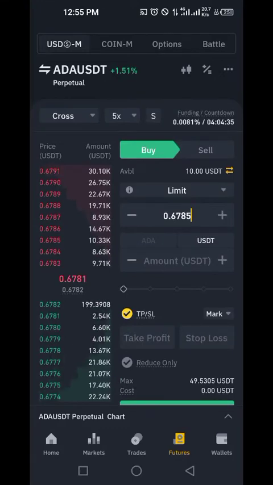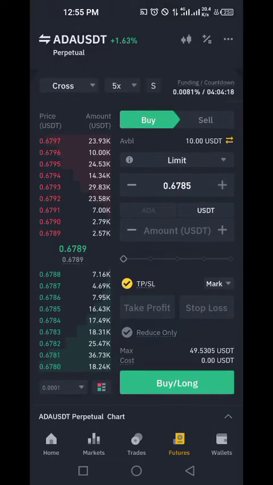So when you are on cross, it means that when you are trading an asset on cross, it will be trading with the total amount of the capital on your futures. For example, if I open a position now on ADA and I click on buy ADA at this particular price, that ADA will be going up, and I'm trading.